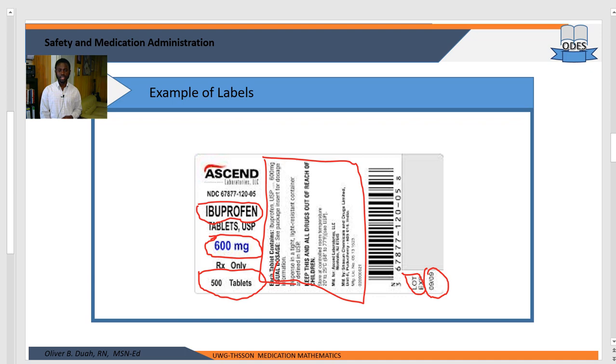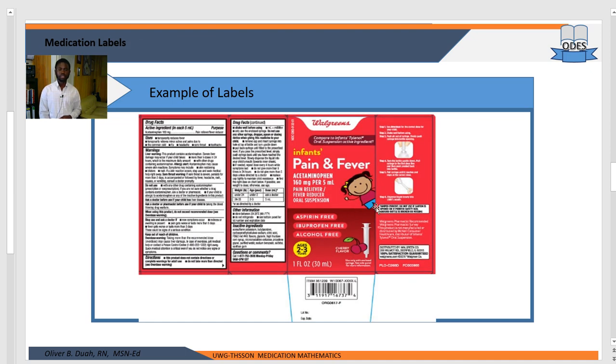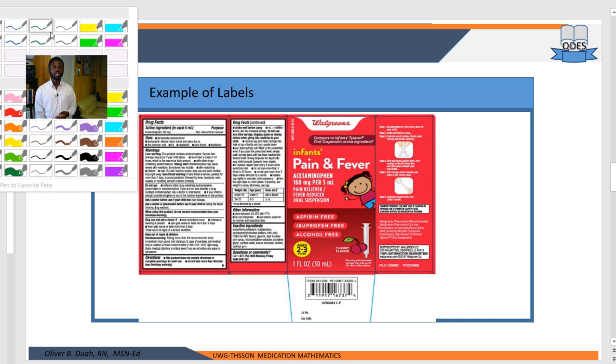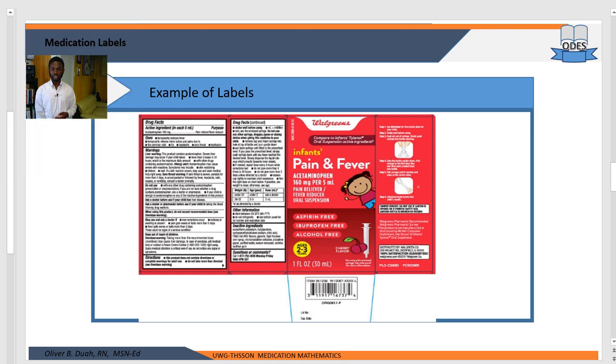Let's take a look at another example. This is a drug label for an infant Tylenol for pain relief. You are going to see the brand name, which is Tylenol. The generic name, however, is acetaminophen, which is right here.